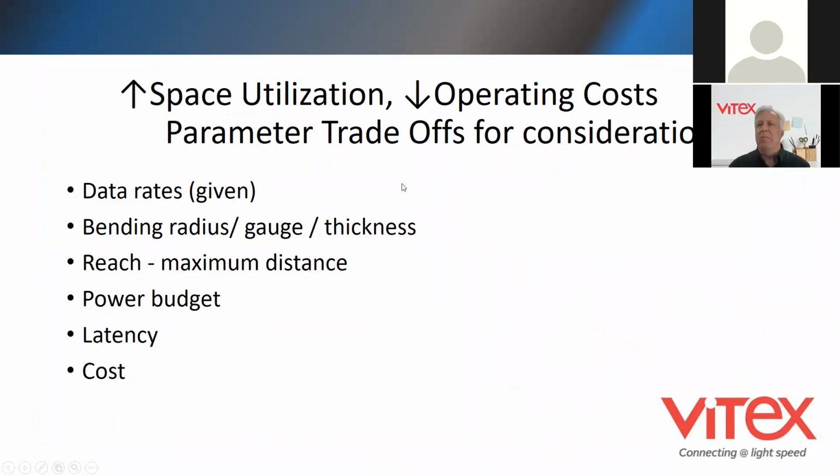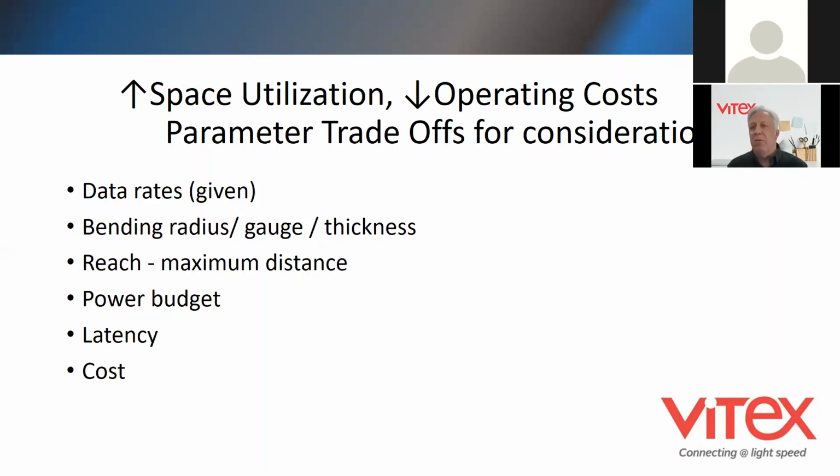So we're going to talk a little bit about how you want to increase space utilization while decreasing operating costs. And so there's a number of trade-offs that you have to consider. One is data rates. We're just going to assume we're going to be given a data rate that we're operating within, so we're not going to actively look between different data rates or bandwidths.